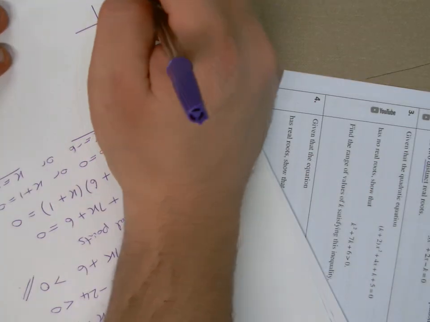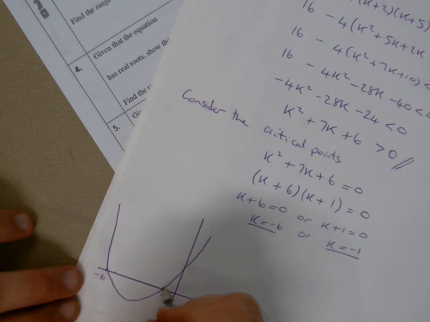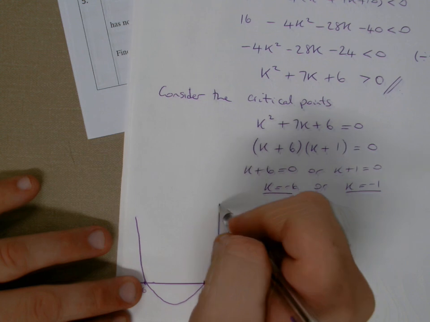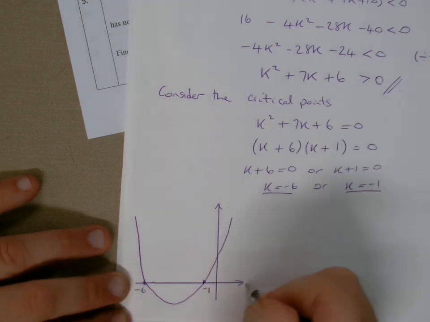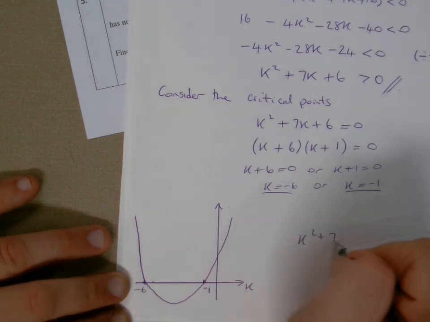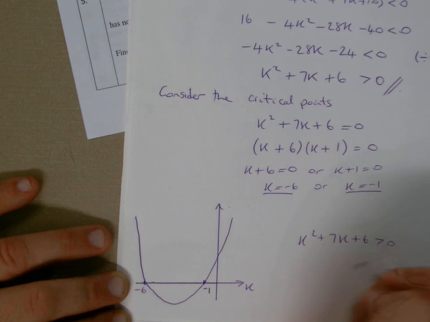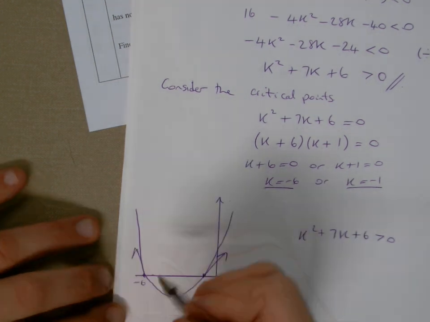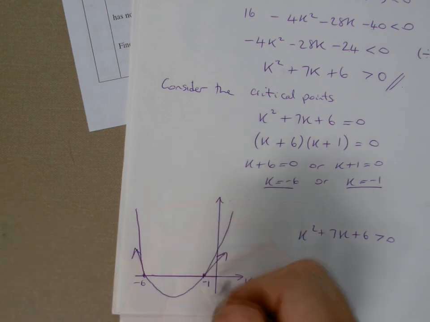Okay, and we'll draw a quadratic curve. So these are the critical points here, where the quadratic is equal to 0. But I am interested in when the quadratic is actually greater than 0. So it's greater than 0, the curve goes this way, and the curve goes that way. That's when the curve is greater than 0.